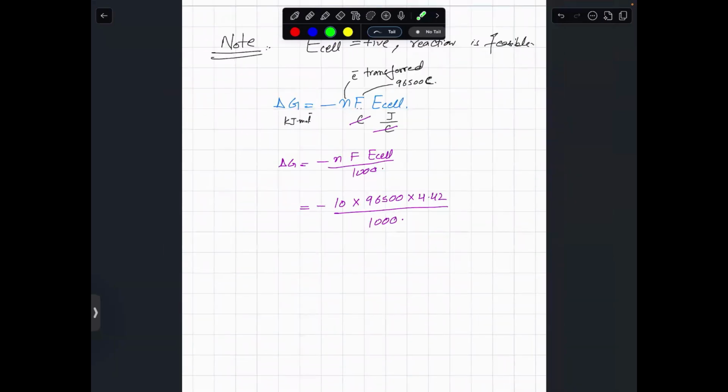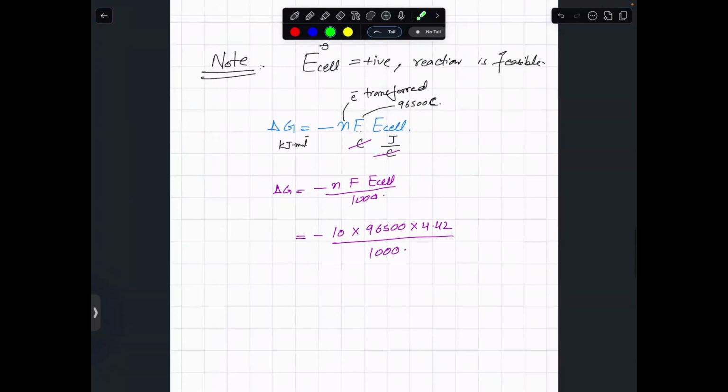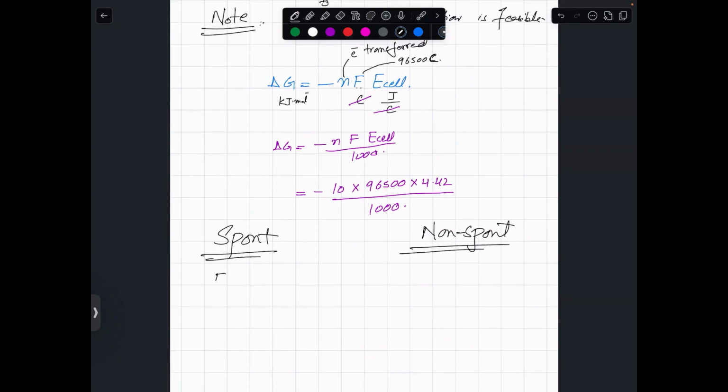So for any spontaneous and non-spontaneous reaction, keep in mind: E cell is positive, delta G is negative. E cell is negative, delta G is positive.